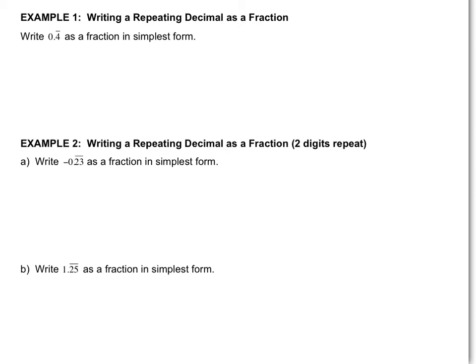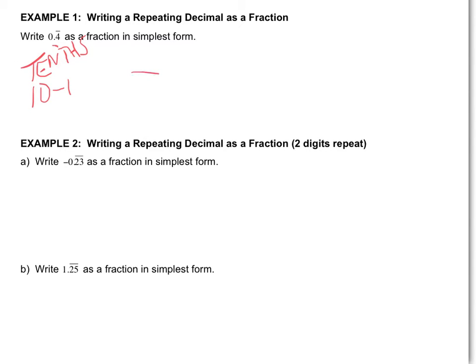So let's do that: 0.4 repeating as a fraction in simplest form. Well, the pattern ends here in the tenths column. So the tenths is the actual place that, if it didn't have the repeating bar, we would put it over 10. But remember, we're going to take the tenths and subtract 1 from that.